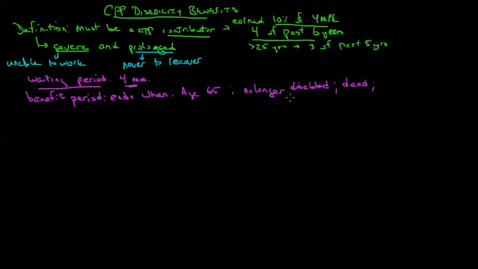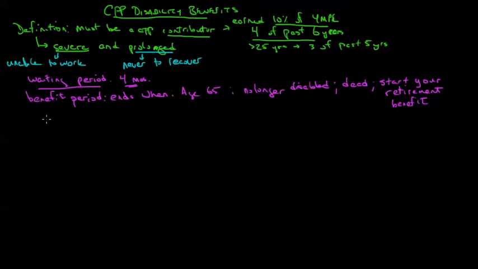If you do choose to start your CPP retirement benefit, which would be a really weird decision, I'll show you in a moment here that mathematically there's no circumstance under which it would be beneficial to take your CPP retirement benefit early, but the idea here is we don't want somebody collecting their CPP retirement benefit before age 65 and getting their CPP disability benefit, so we have to have a rule to prevent that.